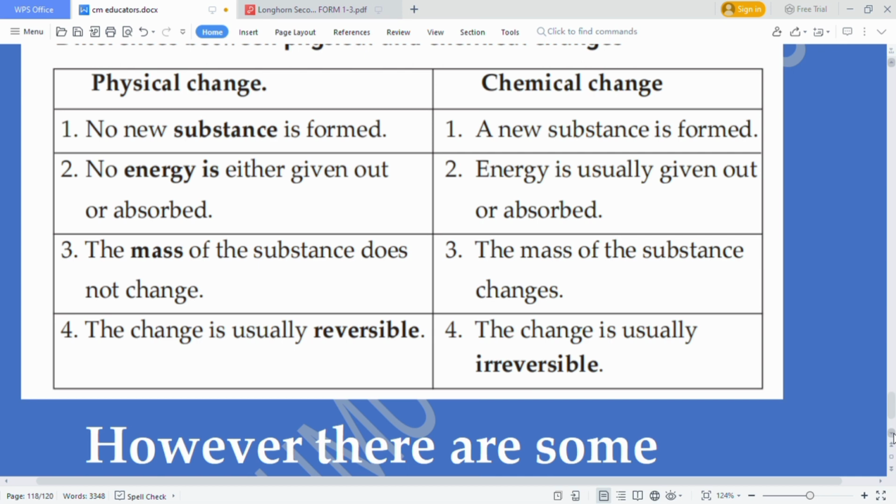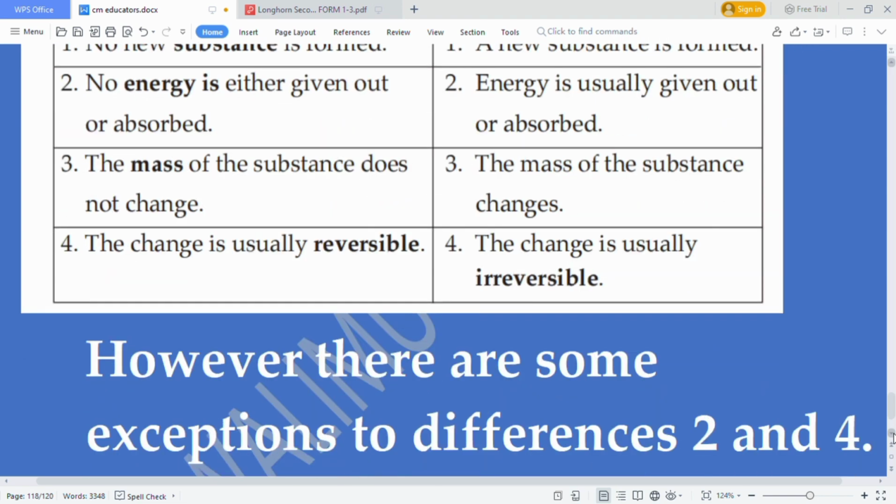The change is usually reversible in physical change, while in chemical change, the change is usually irreversible, but with some exceptions. However, there are some exceptions to these differences. So in number 2, we say that no energy is either given out or absorbed. So we have some exceptions.